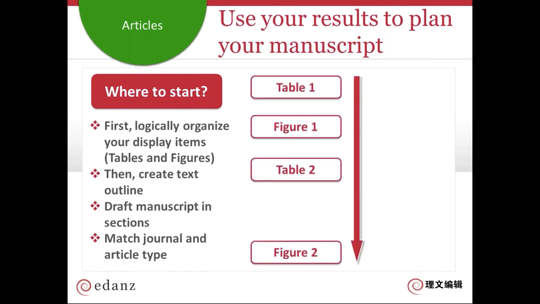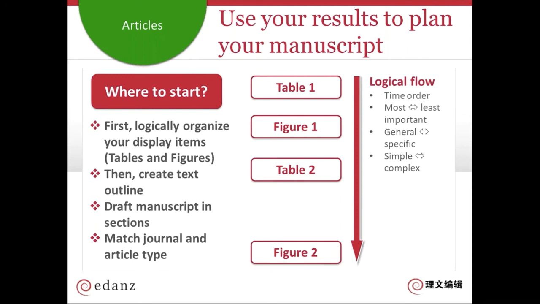So after you have ordered your tables and figures, you can see which logical framework your work fits. It could be time order, or order of importance, specificity, or complexity. And by making this outline, you and your co-authors will be able to see any gaps in your logic.